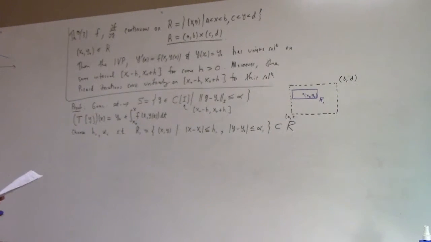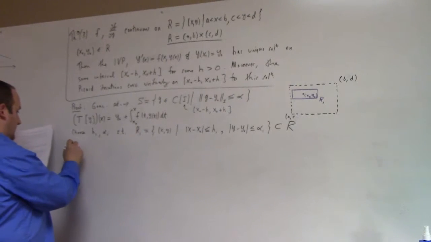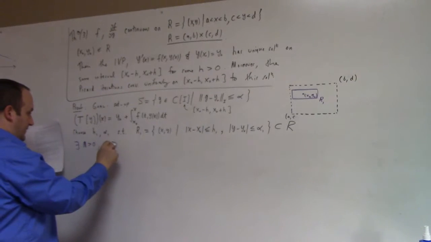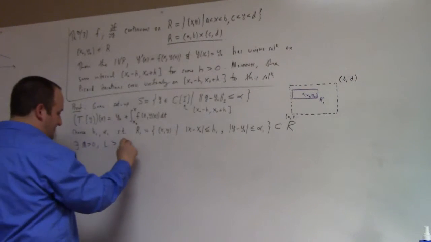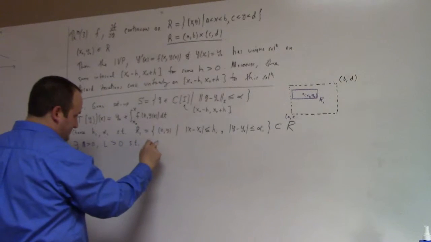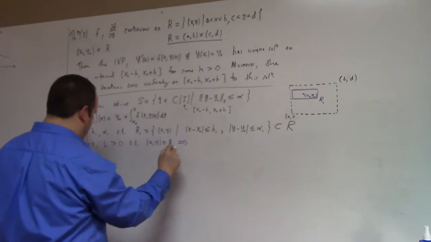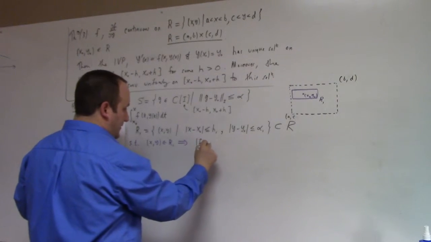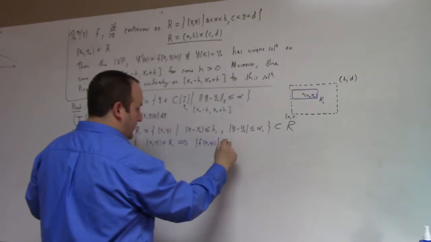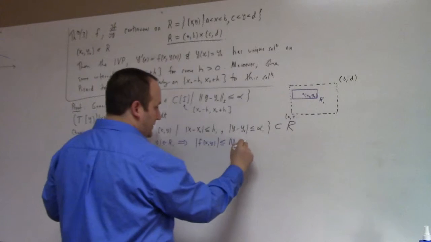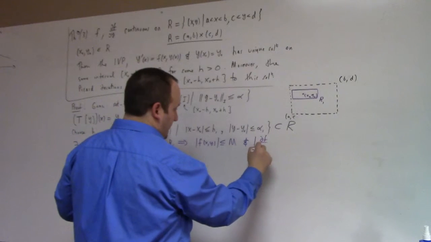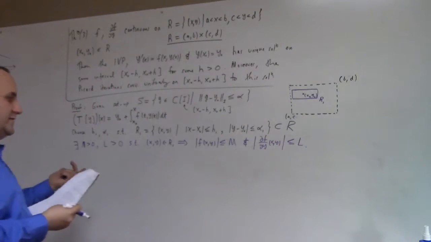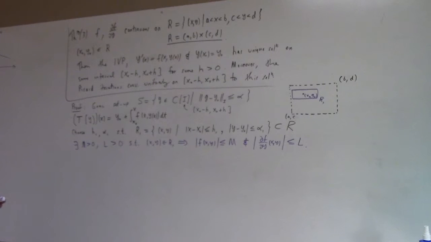So there exist constants, an M greater than 0 and an L greater than 0, such that x and y in R1 implies that the absolute value of f of x, y is less than or equal to M, and the partial f partial y at the point x, y is less than or equal to L. The only reason I can do that is because I'm assuming partial f partial y is continuous.